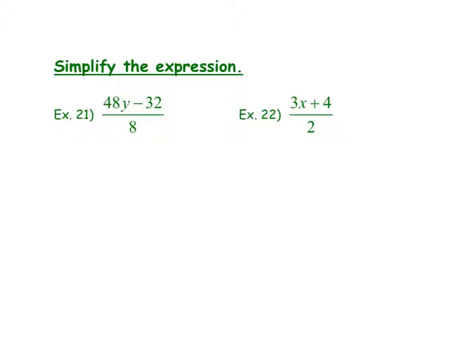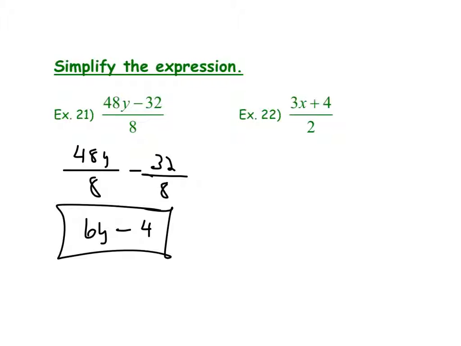Okay, so here's an example. So remember, I take the 48y, put it over 8, minus the 32, and put it over 8, and then I simplify. So 48 divided by 8 is 6y minus 4. So that's going to be my answer. Do the same thing with number 22.